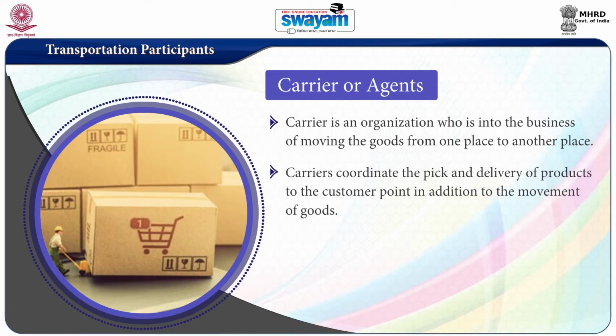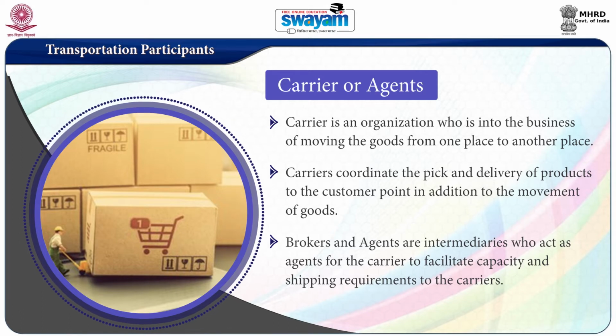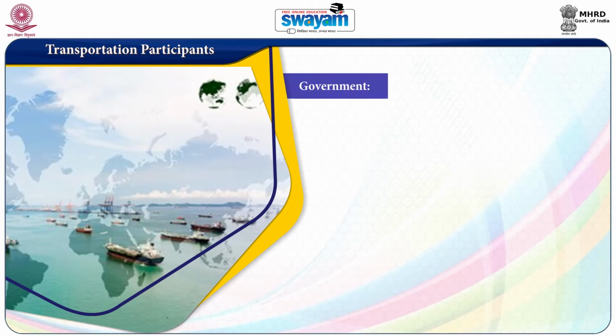Carriers coordinate the pick up and delivery of products to the customer's point in addition to the movement of goods. Brokers and agents are intermediaries who act as agents for the carrier to facilitate capacity and shipping requirements to the carriers. Government. Government plays a major role in transportation.